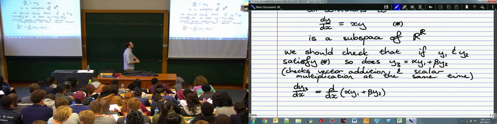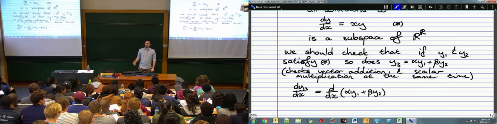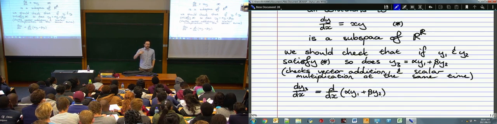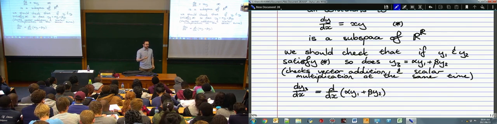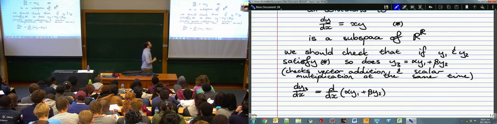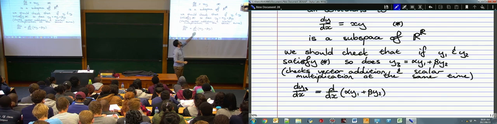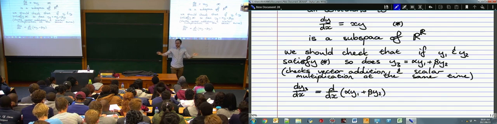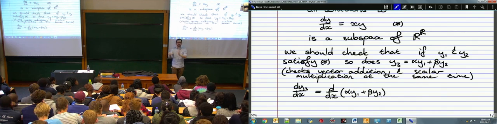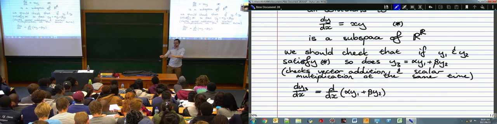One thing which is really nice about the derivative, though we've never really thought about it this way, is that the derivative is a linear transformation acting on a function space. The derivative of f plus g is the same thing as the derivative of f plus the derivative of g.